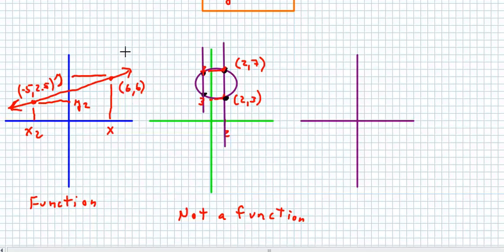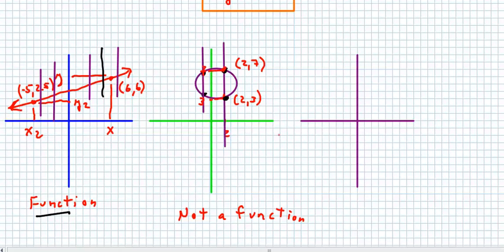But I look over here, no matter where I draw my vertical line, doesn't matter. Does not matter where that vertical line is drawn. I only hit 1 point. That makes it a function. If I hit 2 points, not a function. So let's look at another one.